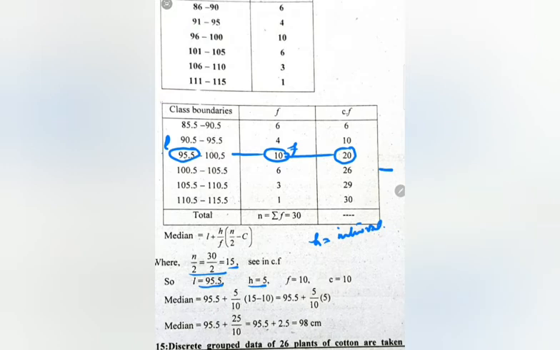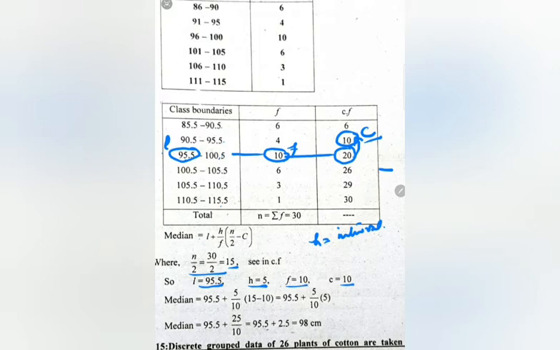And you also note that the interval is the same in all classes, which is 5. And f is 10. And C is the previous value before where the n by 2 lies, it is called the cumulative frequency C. Okay, this is 10.